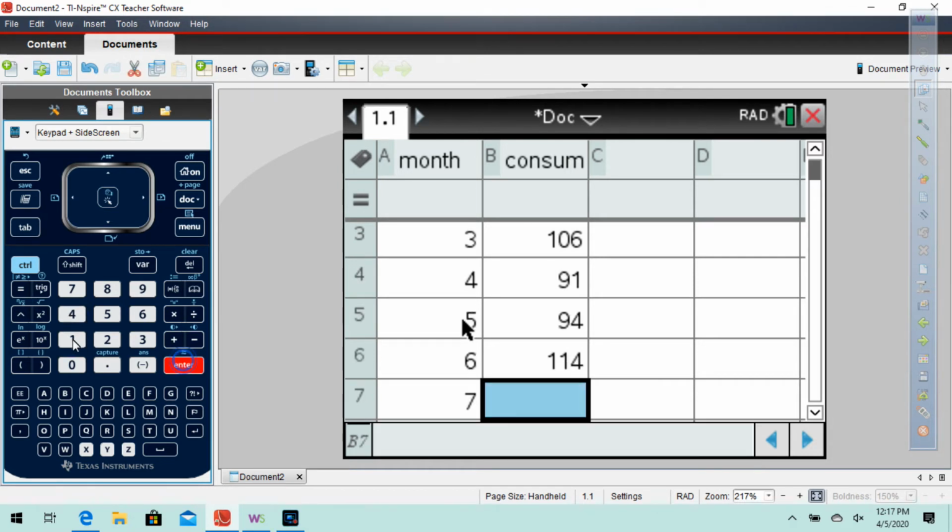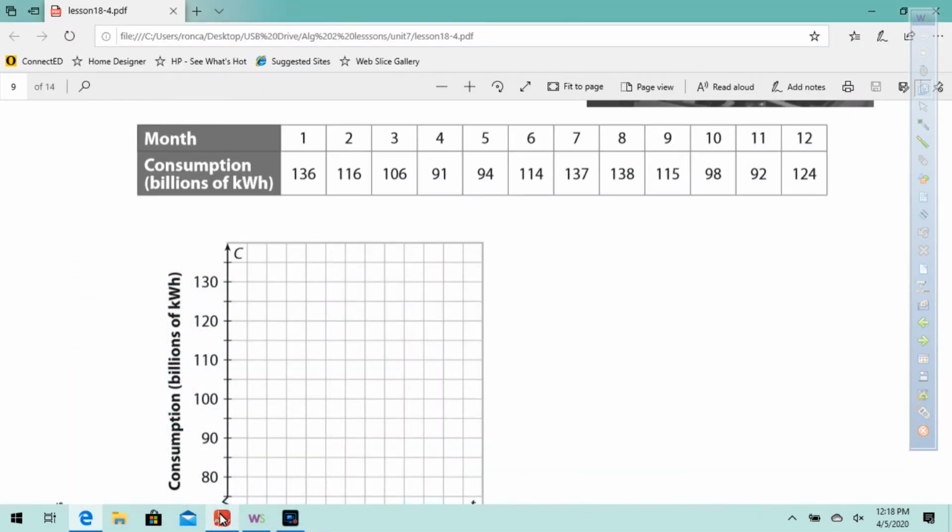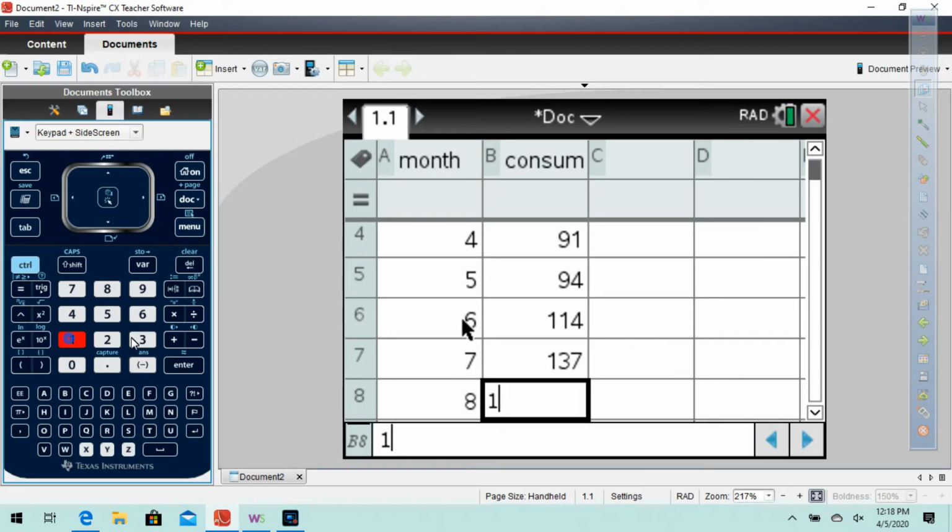I think the other one was 137. We'll check it. 138, 115, I think the next one was 98.